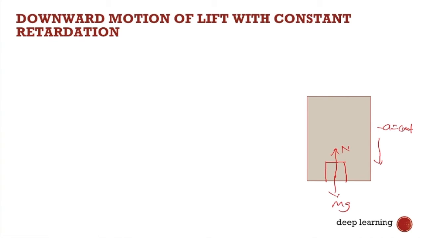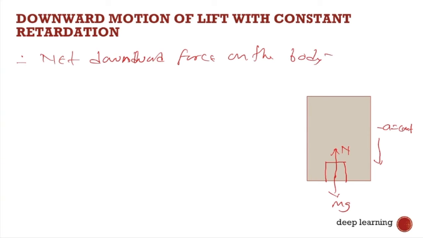As the lift is moving downwards, the net downward force on the body will be equal to m into minus a, as it is retardation.